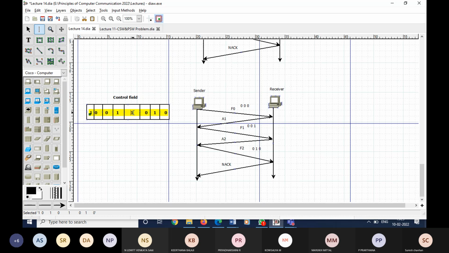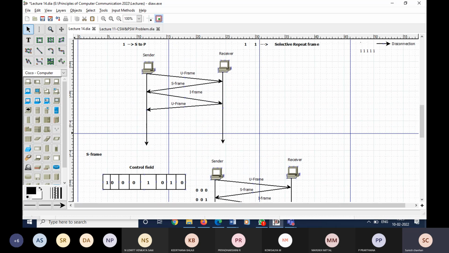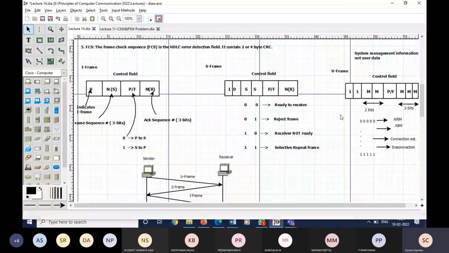Both communications will be there. Okay, let it be 1 only. I'm presuming that the receiver will be sending the data. Then I'll make it 0 0 1. So here I have taken the second operation, 0 1. We'll go back and see what the 0 1 is.